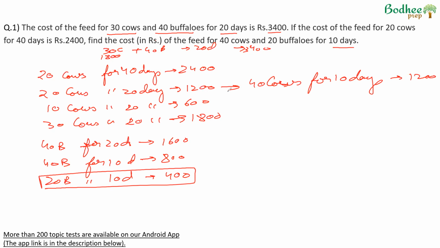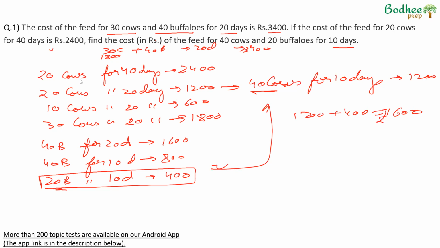The number of cows doubles, so the cost will again double. So 20 cows 20 days, that is 40 cow days, and 40 cows 10 days is the same, so the price should be same. So if we add these two now, 40 cows and 20 buffaloes for 10 days will cost 1,200 plus 400, which is 1,600 rupees, which becomes my answer.